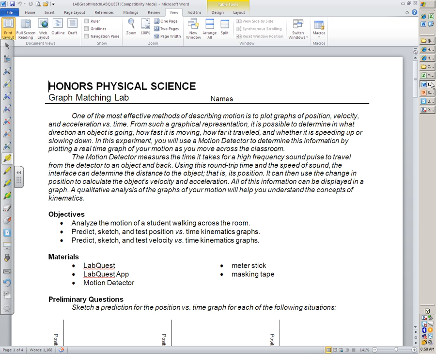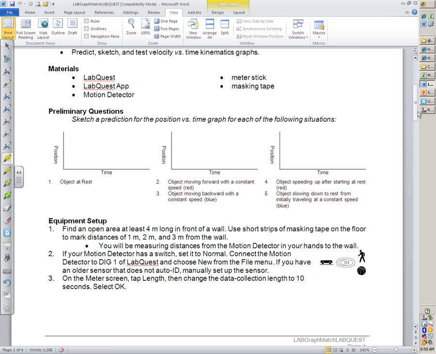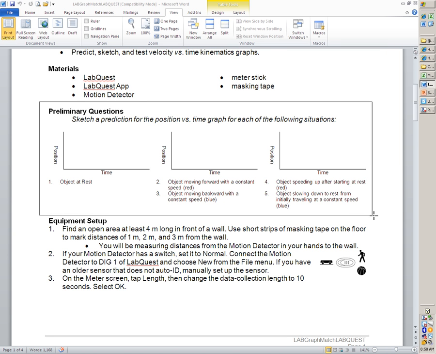We're almost done with sitting in chairs, promise. On the lab that you picked up on the tray when you walked into the room this morning, in the middle of the front page, there is a section that says preliminary questions.